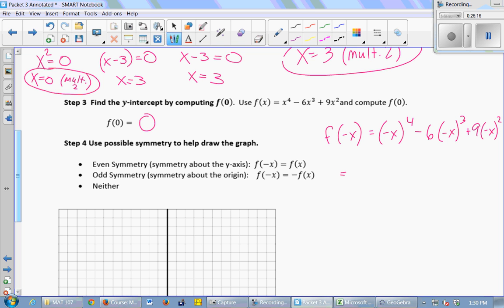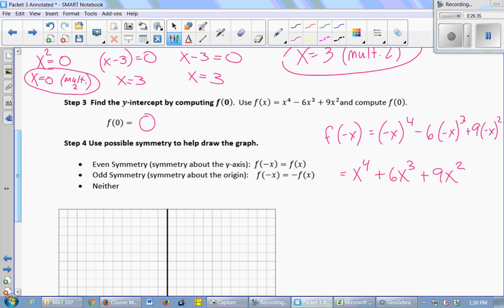So that is positive x to the 4th. Negative x cubed means negative x times negative x times negative x, which would be negative x cubed. So I have a negative 6 times negative x cubed. That's positive 6x cubed plus 9x squared.